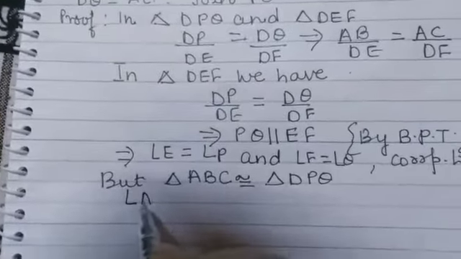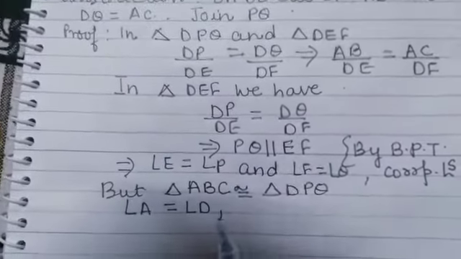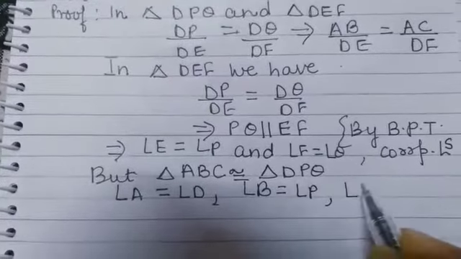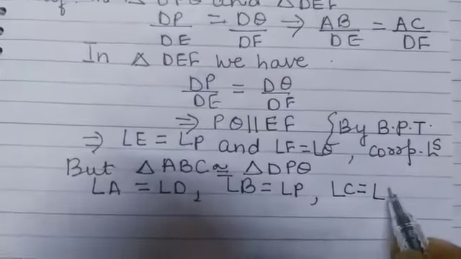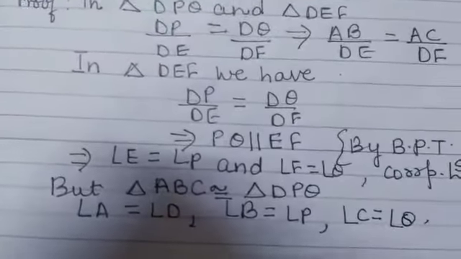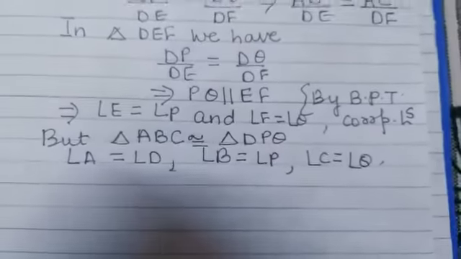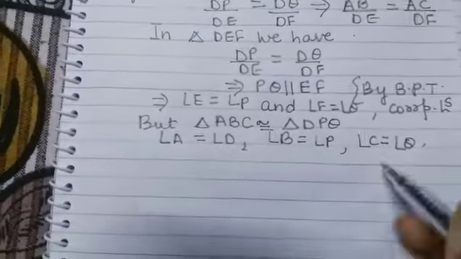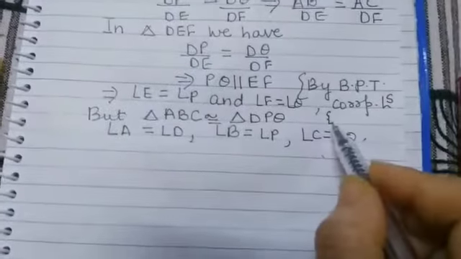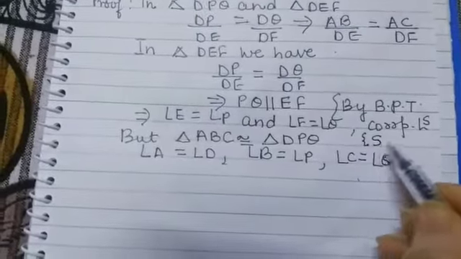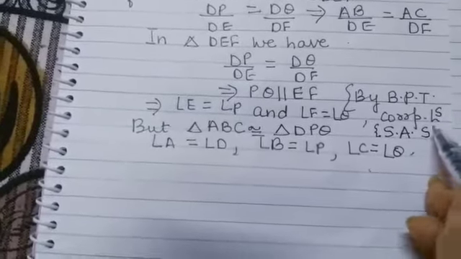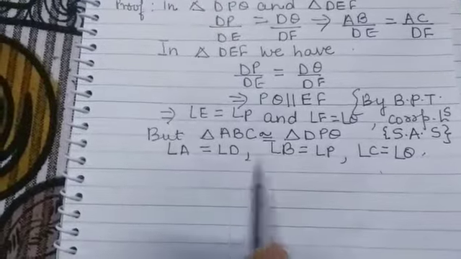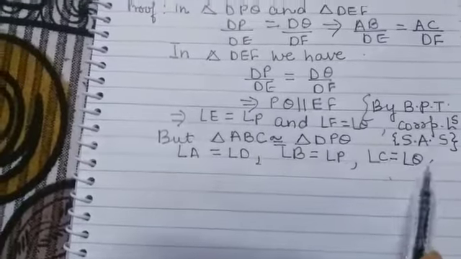We know angle A is equal to angle D, angle B is equal to angle P, and angle C is equal to angle Q. Right? You know from CPCT. And you all know now why they are congruent? By congruency SAS, side angle side. So we come to the conclusion that angle A is equal to D, angle B is equal to P, and angle C is equal to Q.